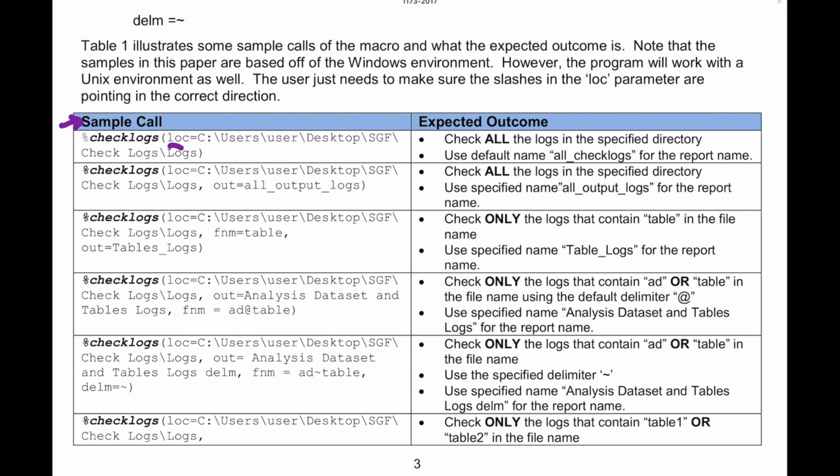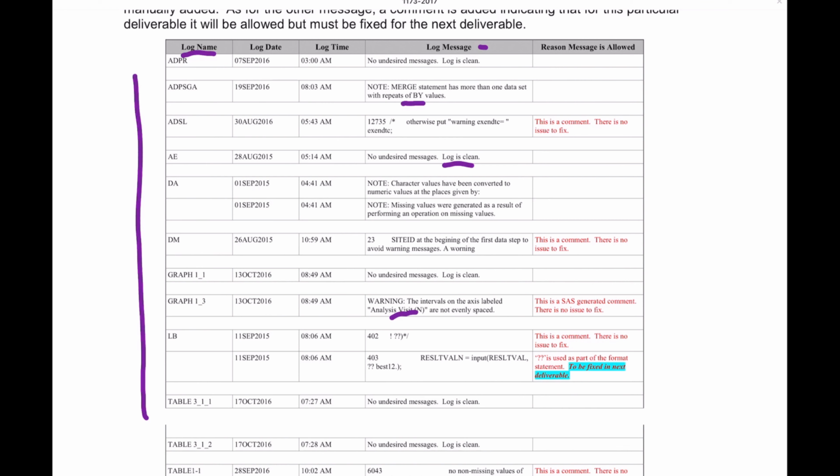These are the files you will have after running the macro: whatever the log file name, the date and time, and each log message. If the log is clean, that's good. If there's some problem, like here, or some warnings, you can see for every log file whether there is any issue or not.